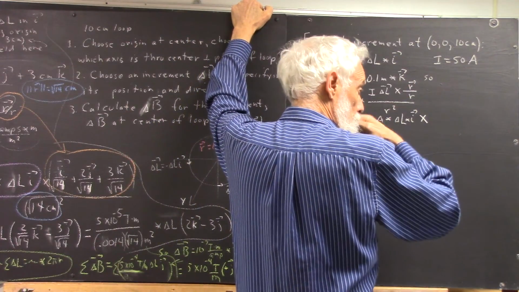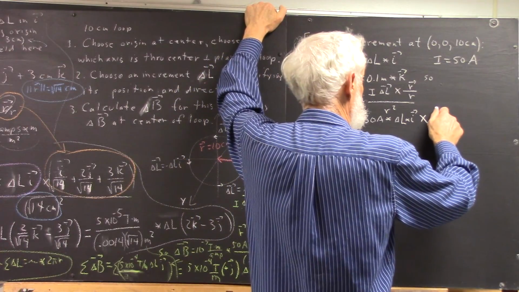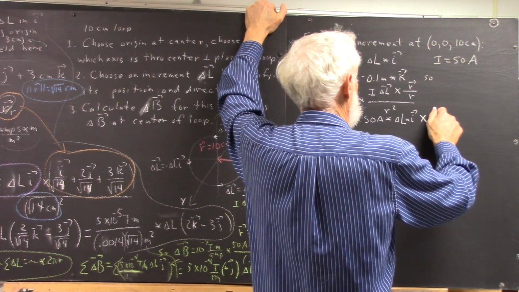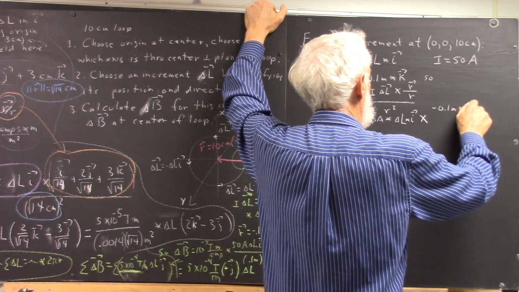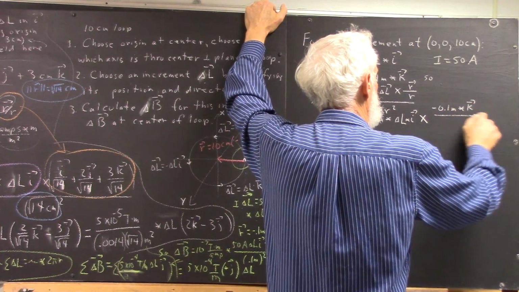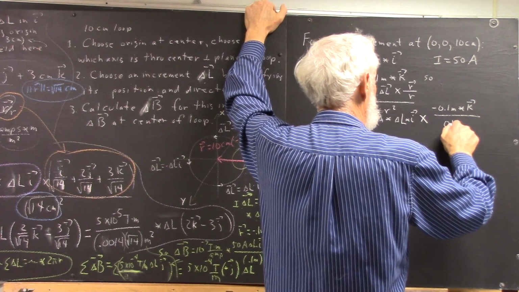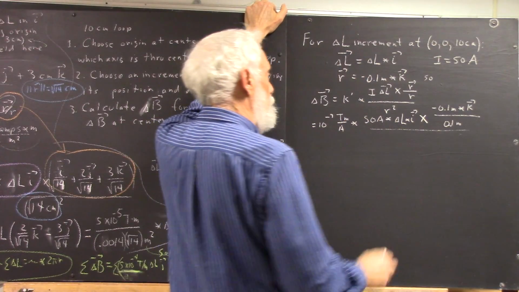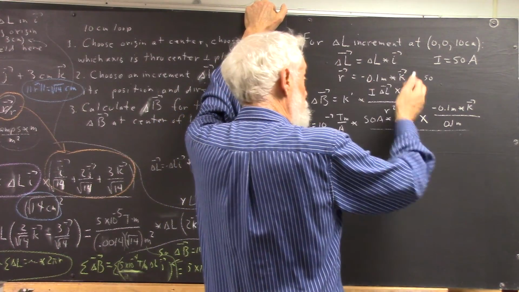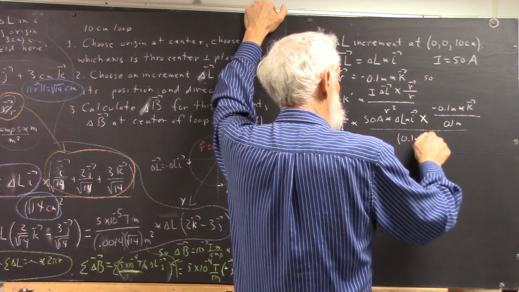And I didn't write that out as clearly as I'd like to because of limited space when we did this in class. That's going to be our what? Negative 0.1 meter times K divided by the magnitude, which is 0.1 meter. And then this is over R squared. R, again, magnitude of R is 0.1 meter, so it's 0.1 meter quantity squared.